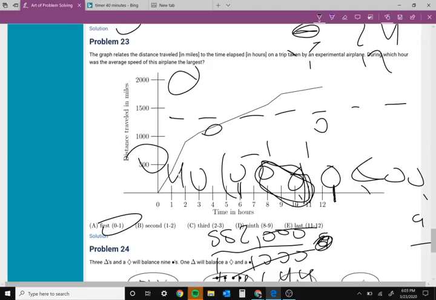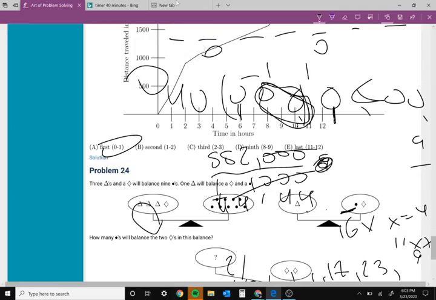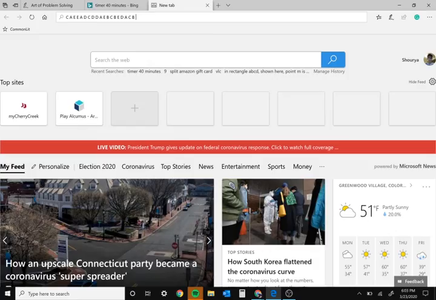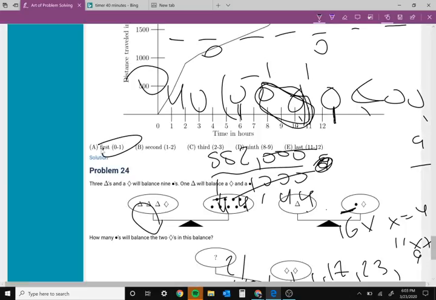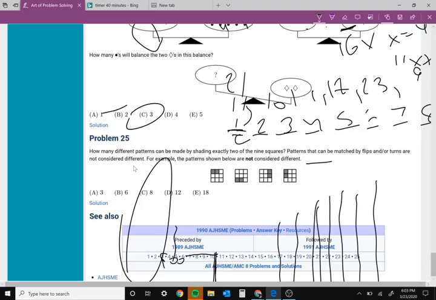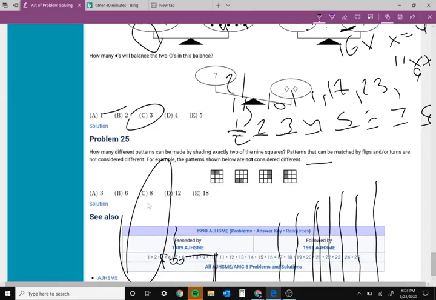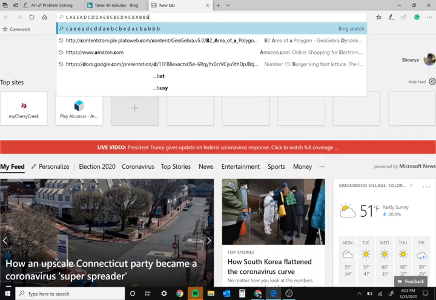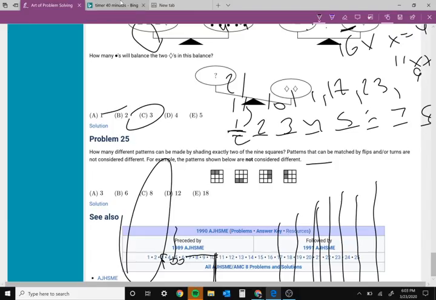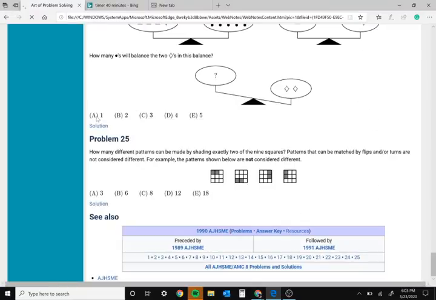A, B, B, B. I don't like this. I feel like I failed. C and then C and then C. Of course, I checked my answers. However, I'm not going to. Savage.